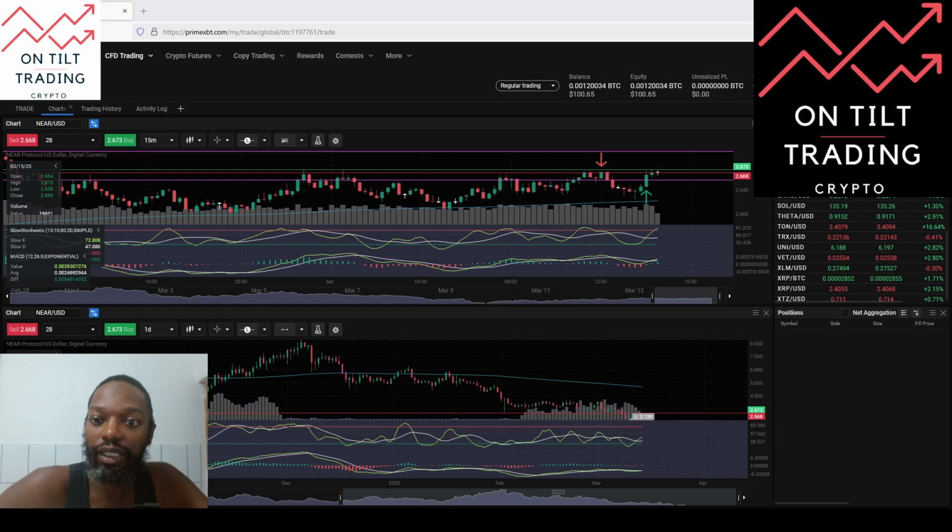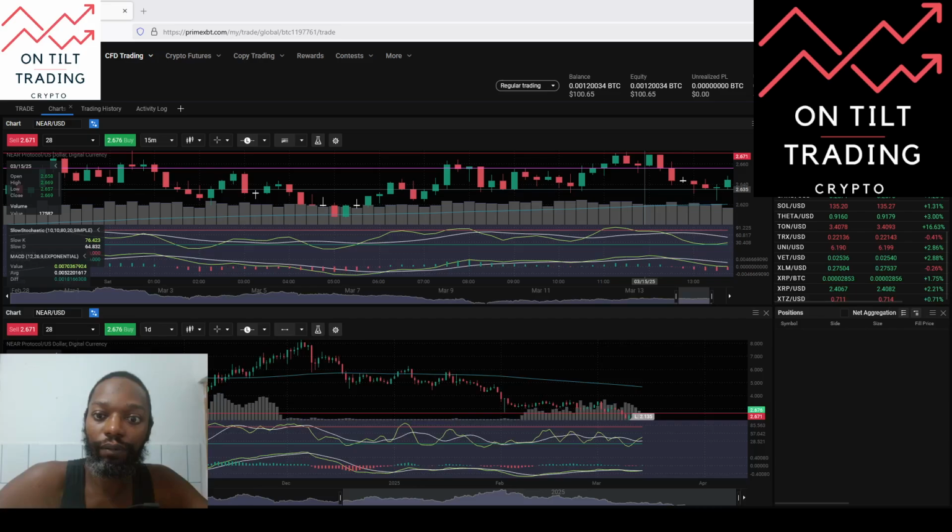You can also take it here at R3. Some people will try to catch it up here from R4. Depending on the price action, that may determine what entry you try to get, or where you actually find the currency pair when you're ready to trade it. Depending on where it's located, you may have to find your entry. I'll zoom in a little closer and walk you through my entry on this Near Protocol.